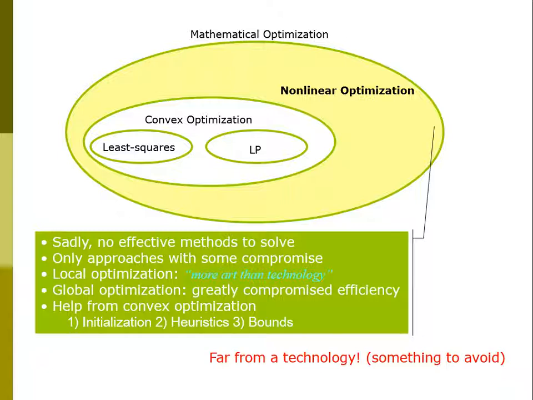And furthermore, convex optimization plays an important role in problems that are not convex, such as initialization for local optimization, convex heuristics for non-convex optimization, and bounds for global optimization.